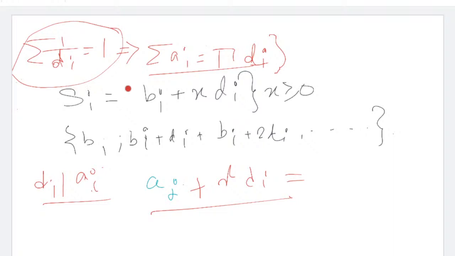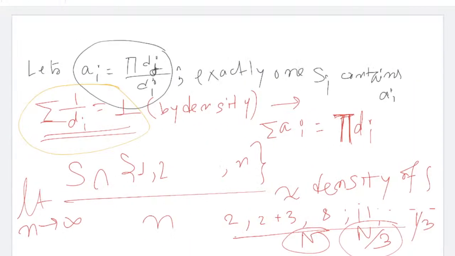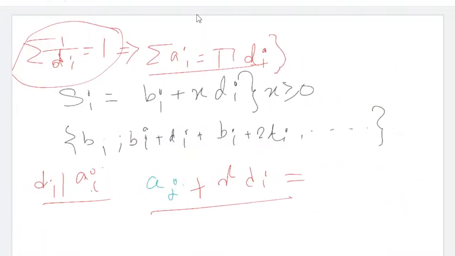What is this Si you have defined? Suppose the ith set Si is of the form this. What's bi? Bi is the first term of Si. Something like you start with 3, 3 plus 5 is 8, 8 plus 5 is 13, and so on.